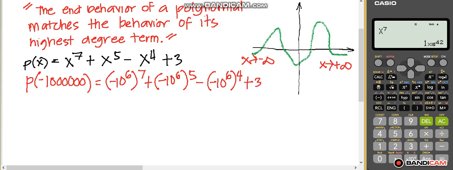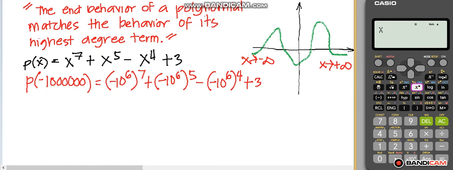Okay, and then we'll input this in our calculator. So x raised to 7 plus x raised to 5 minus x raised to 4, and then you add 3. Okay, and then hit calc.